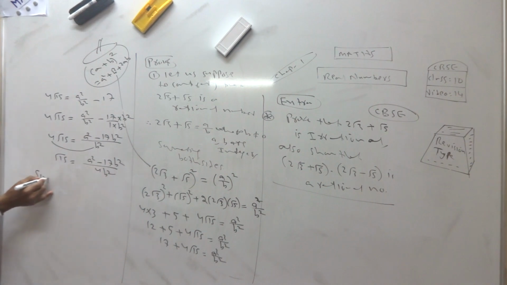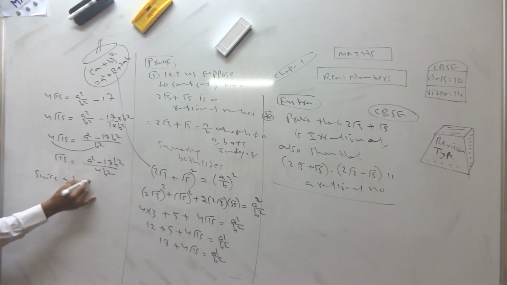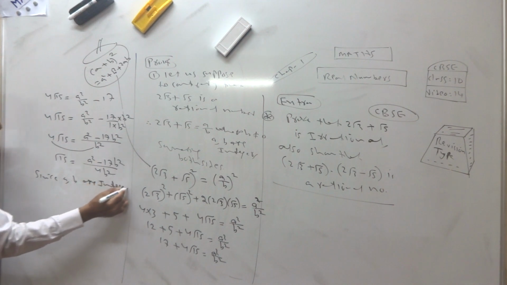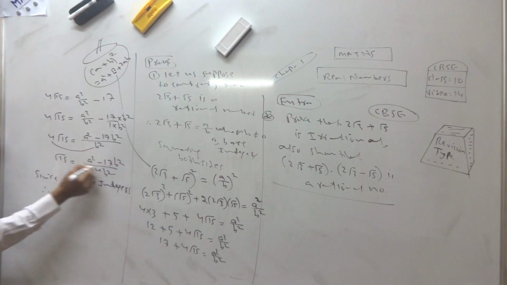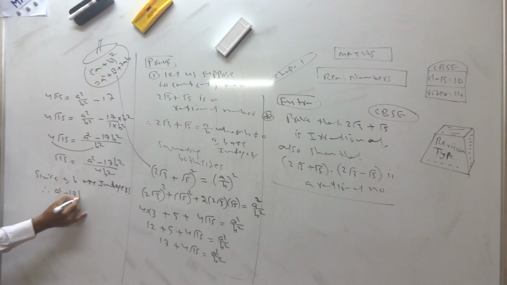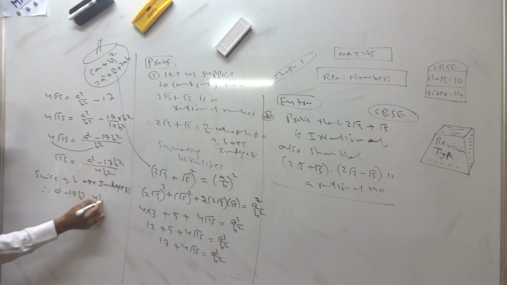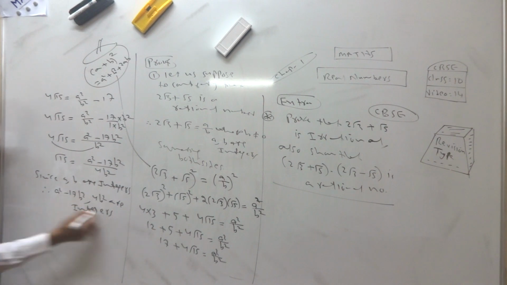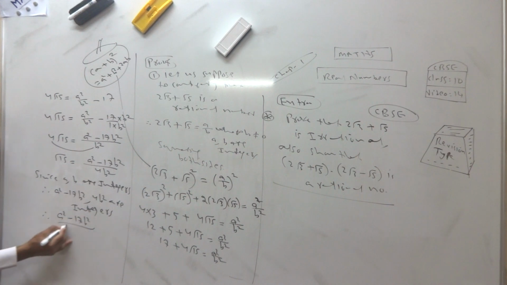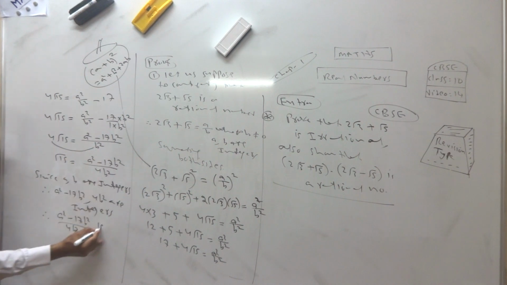Now we write, since a, b are integers, therefore this is an integer and even this is also an integer. Both are integers. And integer by integer is what? Integer by integer is a rational number.